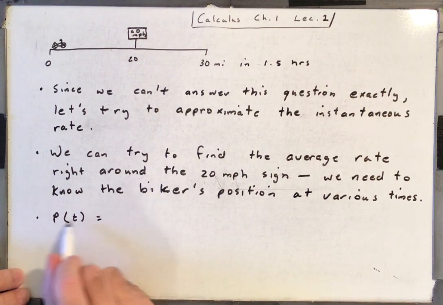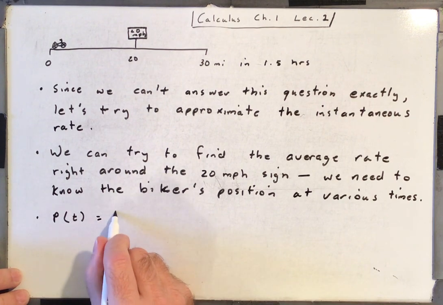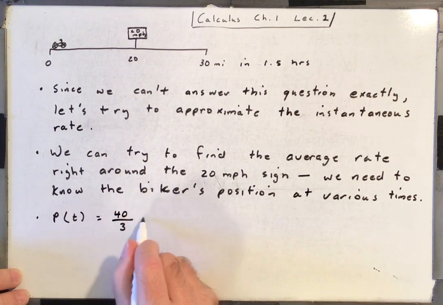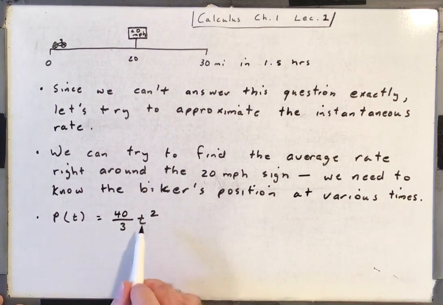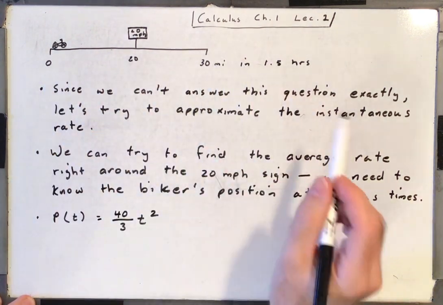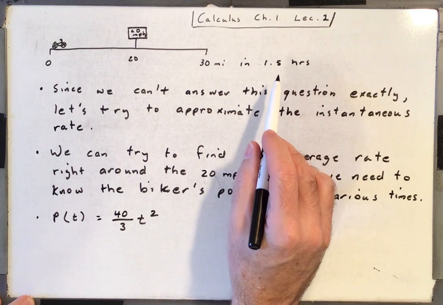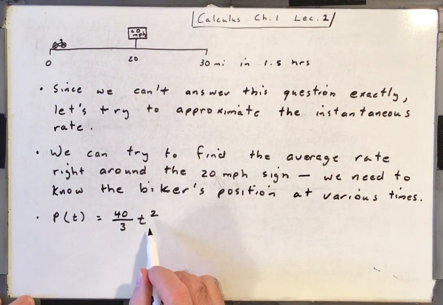Remember, this is just the fancy way of saying y. P of t is equal to 40 over 3 times t squared. So let's say we knew that's the way that the bicyclist travels. Plug in any time between 0 and 1.5 hours, and you'll figure out where he is, at what mileage point.